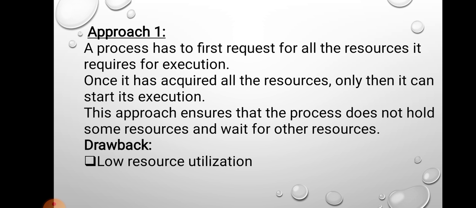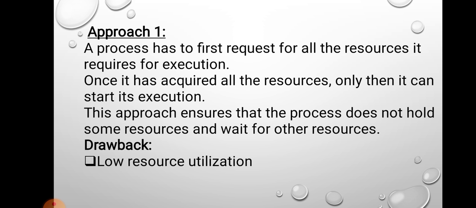Now, again I will take the DVD drive and disk file example. In the second approach, a process initially requests the DVD drive and disk file, and copies the data from the DVD drive to the disk file.